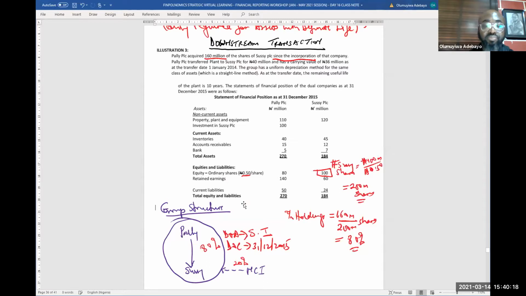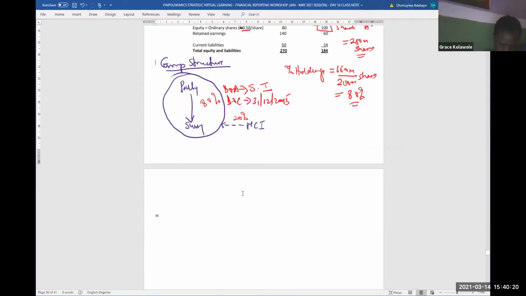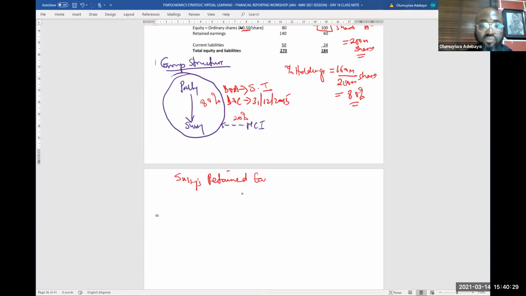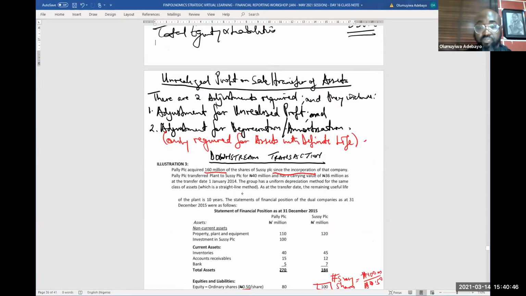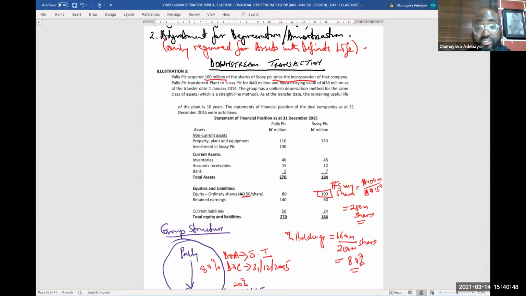Okay, now, the reserve of Suzy as of today is how much? Is 60.